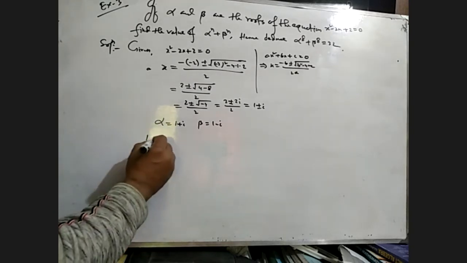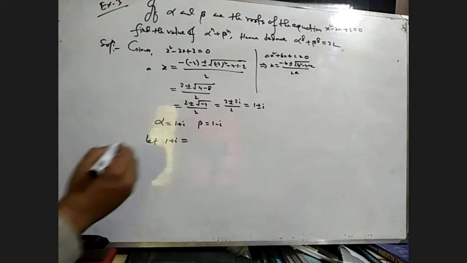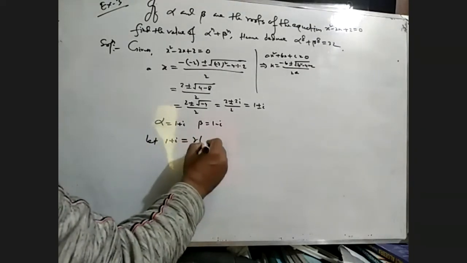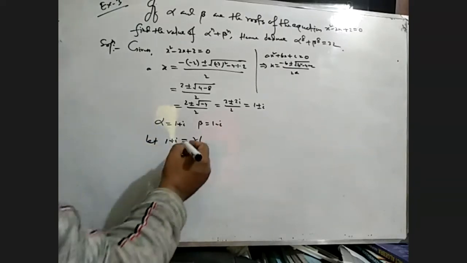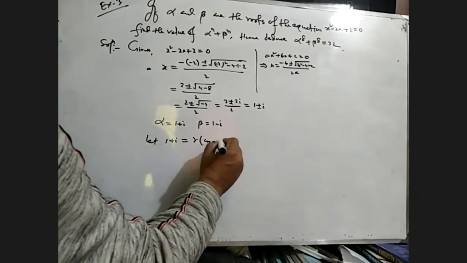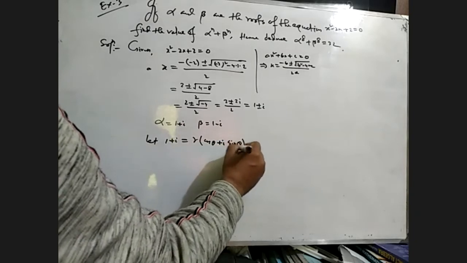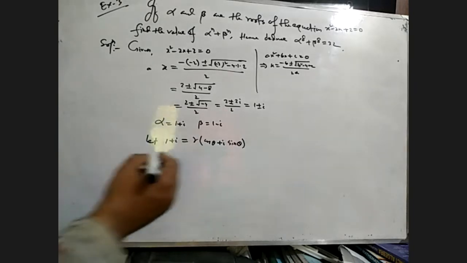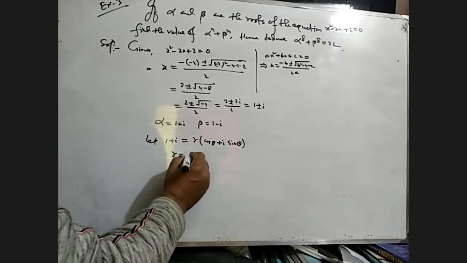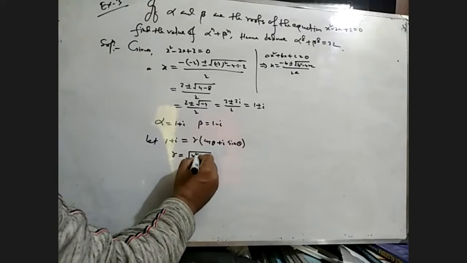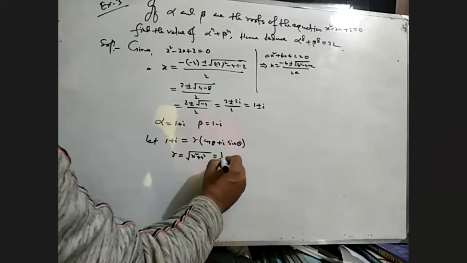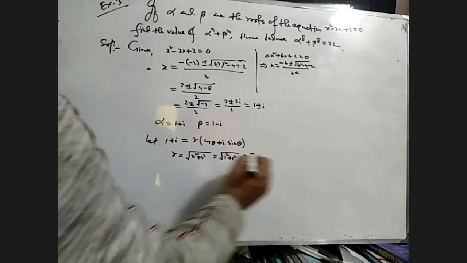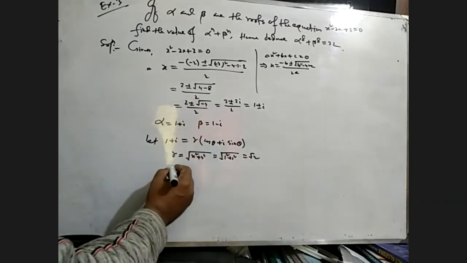Now let 1 plus i be represented in polar form, r into cos theta plus i sin theta. Here r equals to the square root of x square plus y square, that means real part whole square plus imaginary part whole square, that means root over 2 for the given complex number alpha.